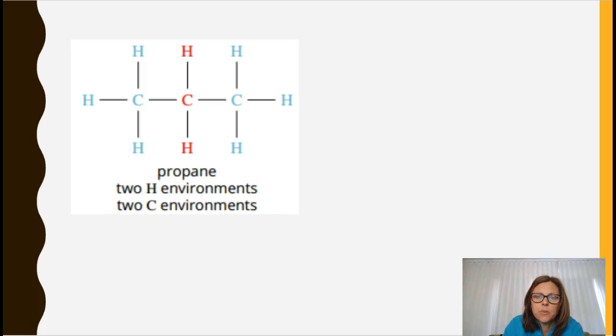So let's look at another one. Here, how many different chemical environments have we got? Now we're looking at propane. Again, these 3 hydrogens are attached to this carbon that is attached to a CH2 group. This CH3 group is attached to a CH2 group. So these 2 CH3 groups are in a unique chemical environment.